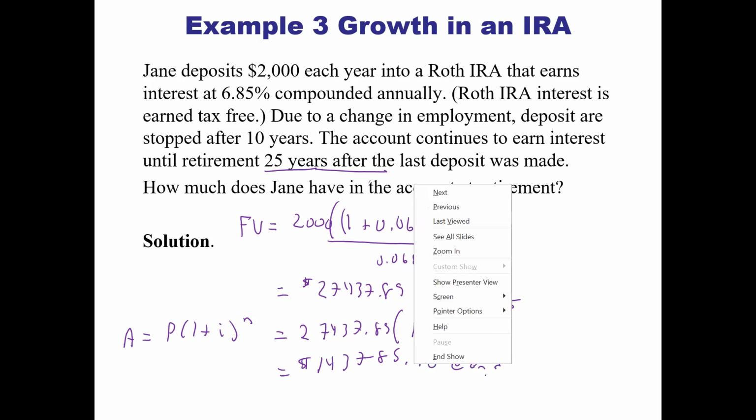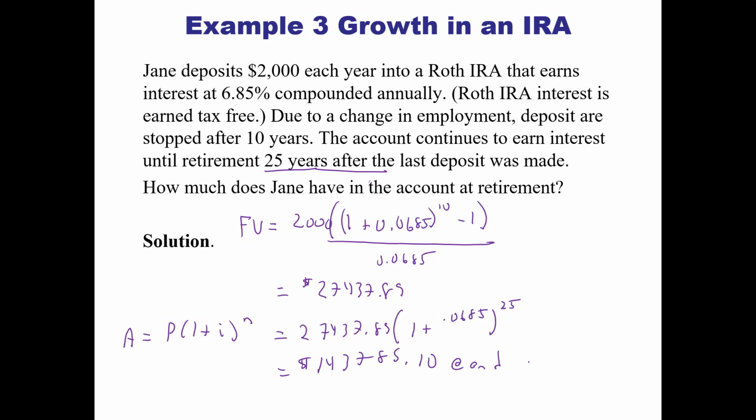That's at the end, which is the start of retirement, basically. So at the start of retirement, they're going to have $143,785.10.